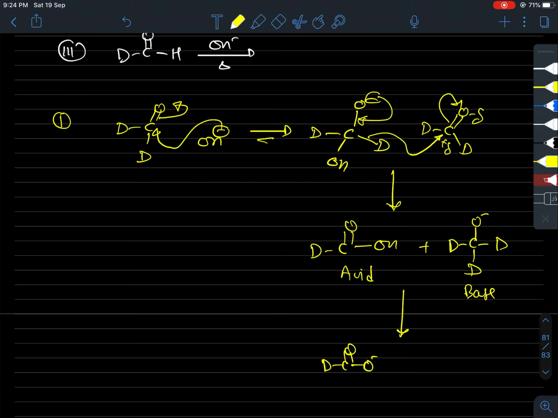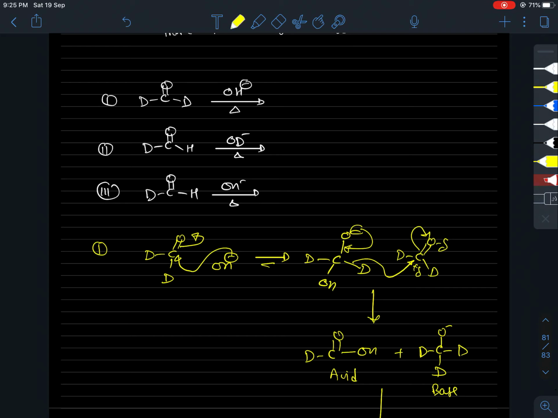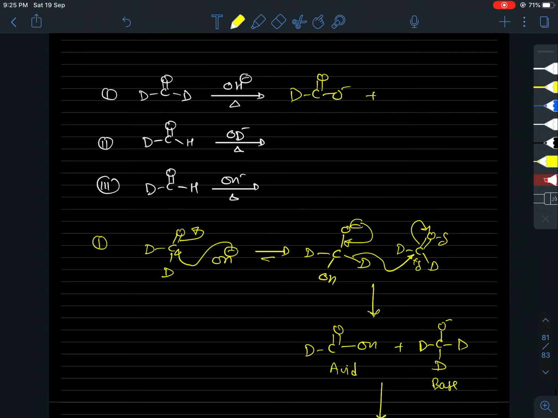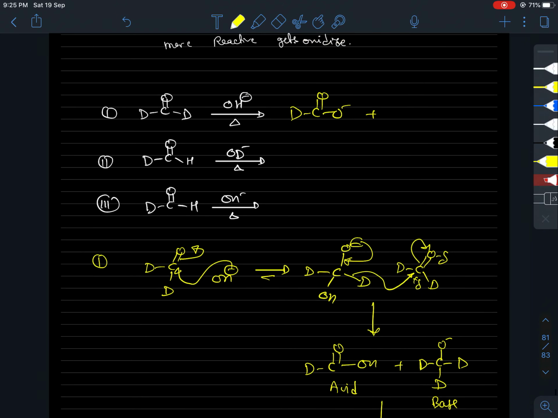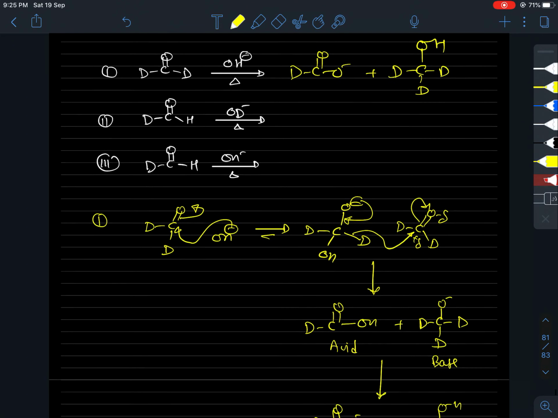DC double bond O minus plus DCOH, D and D, because in the final step this proton will be transferred from here to here. So the product in the very first case is DCOO minus, and along with it one carbon with 3 D immediately attached to it, that means CD3 and OH. This will be the product in the very first case.